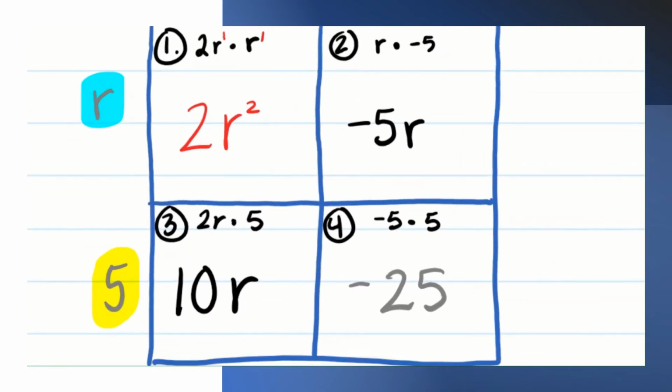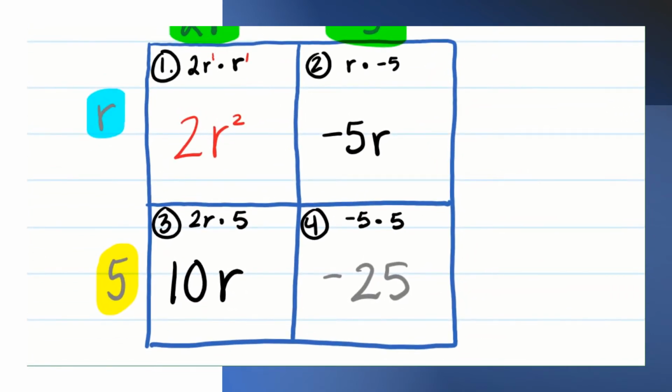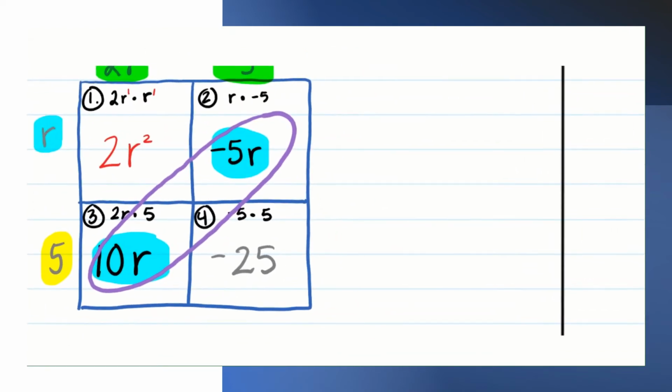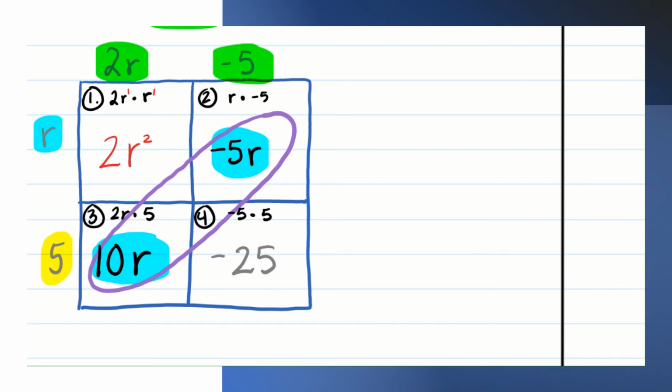We have multiplied all the terms by each other, and we end up getting our result, which is the inside of the box. Now, what I've highlighted, you can still combine because they're like terms. They both have the same variable and the variable has the same exponent, which is 1.